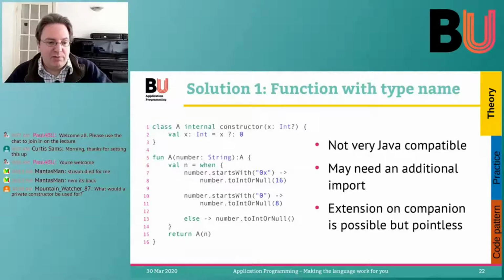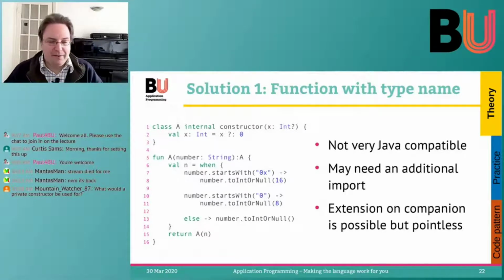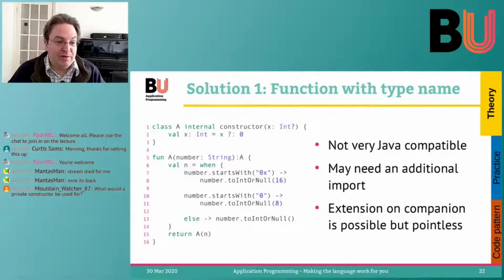So in this case, what we do is we have a number as a string, and then we check: does this start with 0x? Then we make an integer as if it is hexadecimal. Otherwise, if it starts with a 0 only, then it must be an octal number. These are Unix conventions, it doesn't really matter. And otherwise, we just say it's a decimal number, and then we create an object with that number. And it takes a null value.